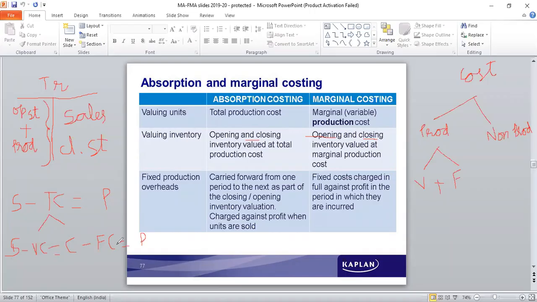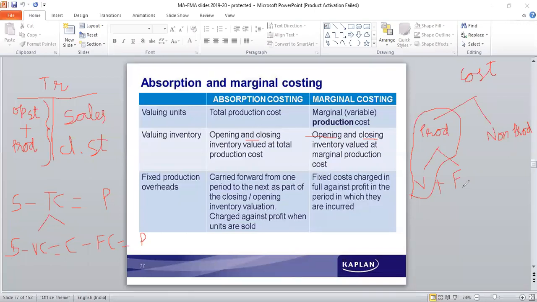So marginal costing, at the time of valuing the closing inventory, considers only the variable production cost and charges it to the closing stock. It ignores the fixed production cost. It does not charge fixed production cost proportionately to the closing stock.